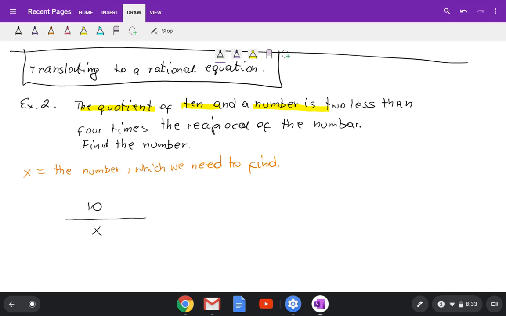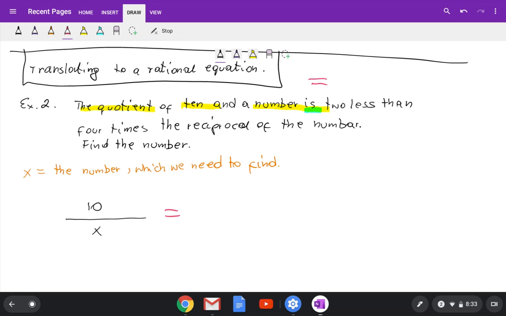Let's talk about the word is. The word is means equal sign. So here we are going to have an equal sign. Is 2 less than 4 times the reciprocal of the number.